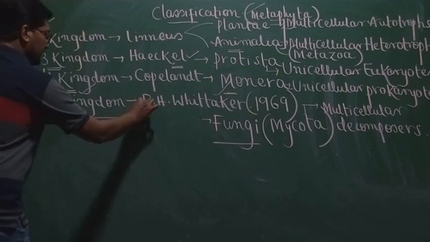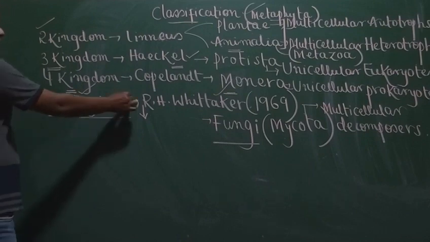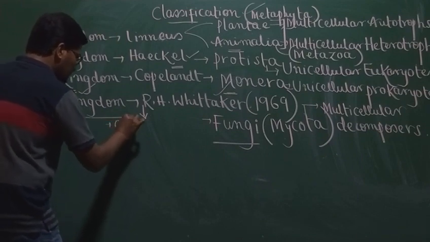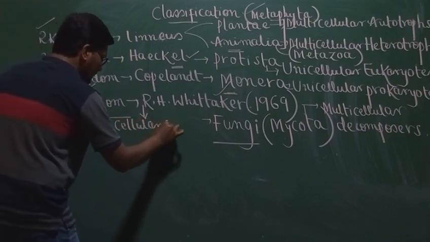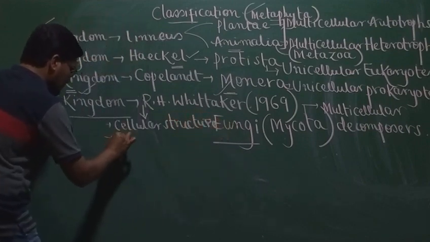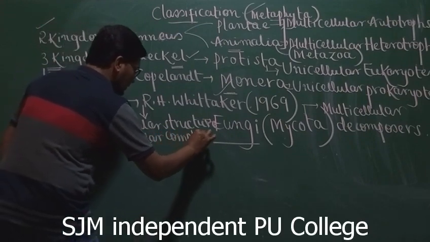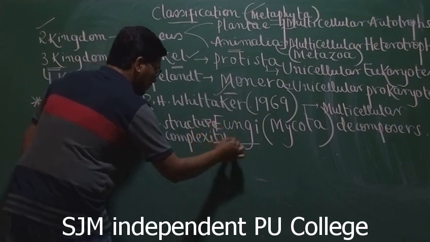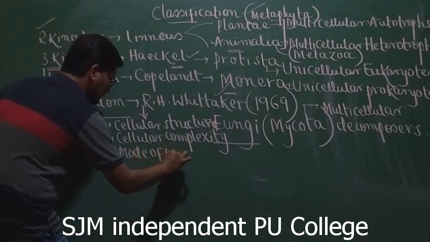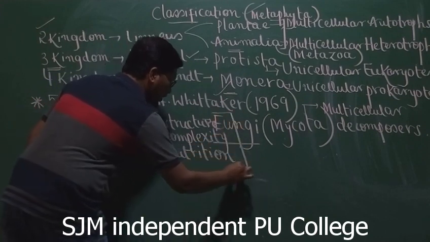Okay? And finally, what is the basis or what is the criteria for R.H. Whittaker's 5 kingdom classification? So students should remember cellular structure, cellular complexity, and mode of nutrition.